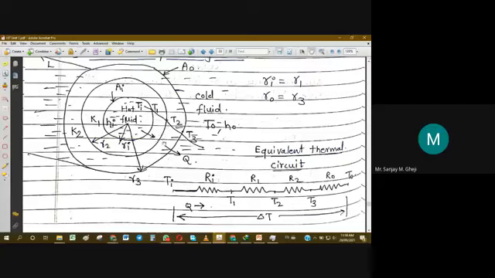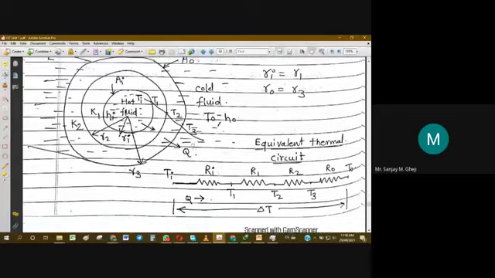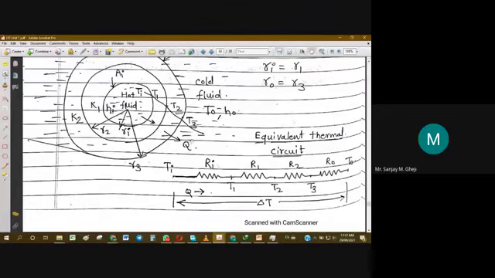Then again to the outer layer, it will be by conduction, because both are solid materials in direct contact with each other, and from the outer layer to the outside fluid it will be by convection. So convection first, then conduction, conduction, and last convection. So we have four components, and we can set up the equivalent thermal circuit.